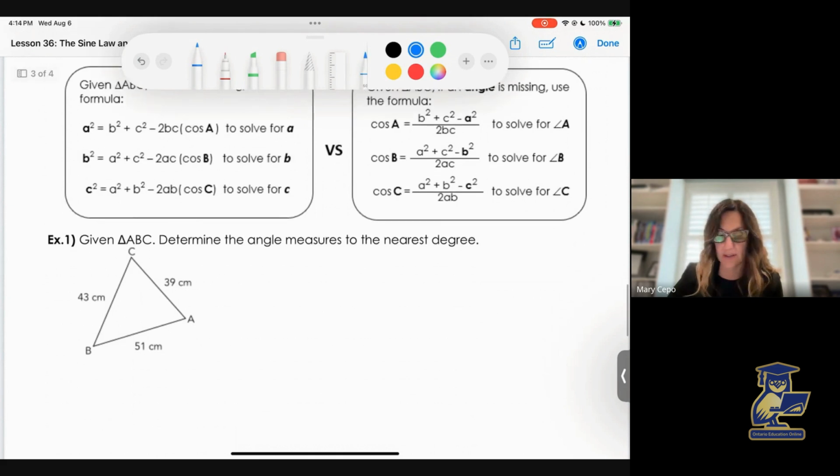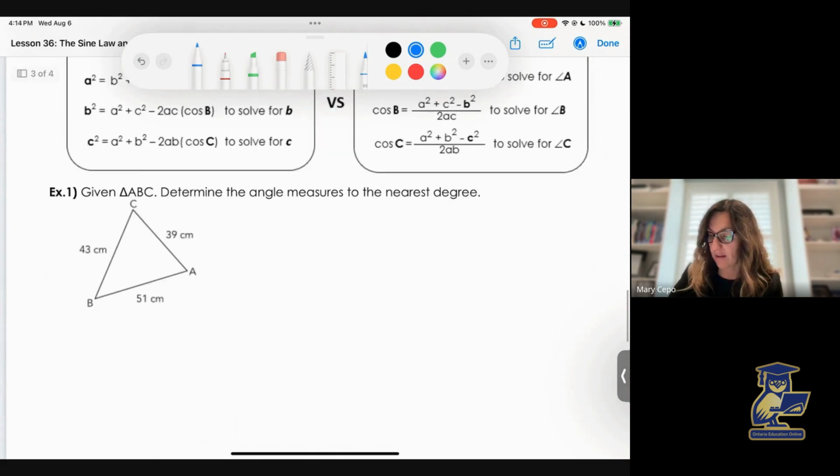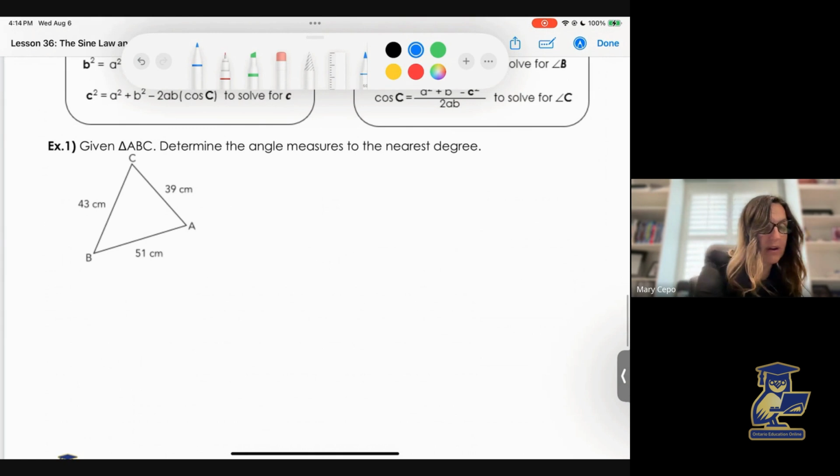So let's move on to example 1, where again, in all of these triangles, it is so critical to label all sides and angles properly. So again, there's angle A. Across from angle A is side a, angle B across from side b, and across from angle C is side c. Notice we're given all three sides.